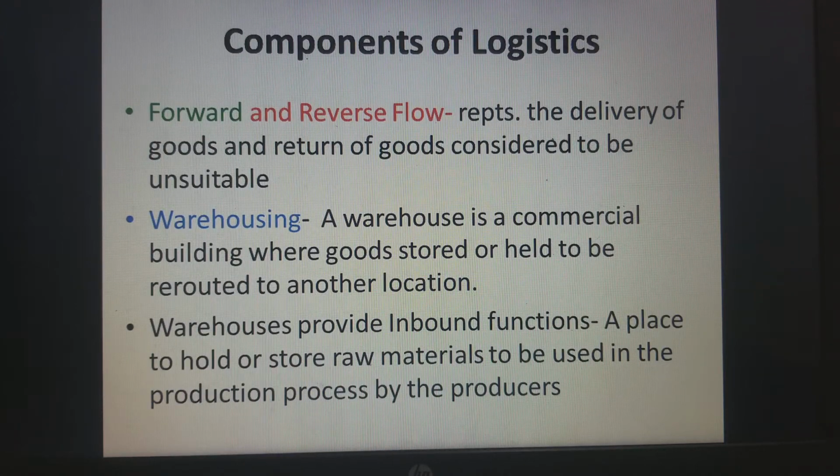Let's look at some components of logistics. Number one, forward and reverse flow. This represents the delivery of goods and services, and the return of goods considered to be unsuitable.